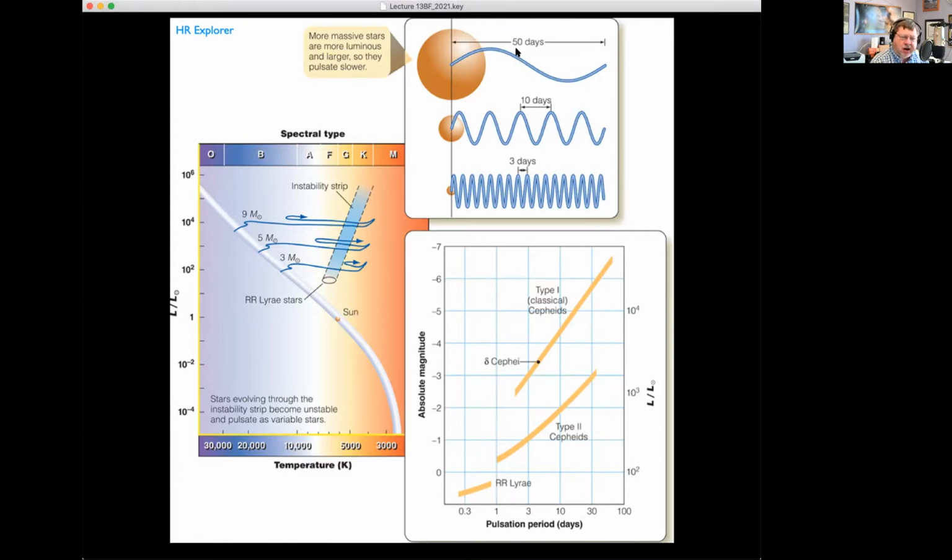So all Cepheids that vary with a period of 50 days will be exactly the same brightness. And so now we have a way, independent of parallax, to figure out the absolute distance to a certain class of stars. And because these Cepheids are very bright, we use these Cepheids to figure out the distances to particular parts of the Milky Way galaxy and to other galaxies.